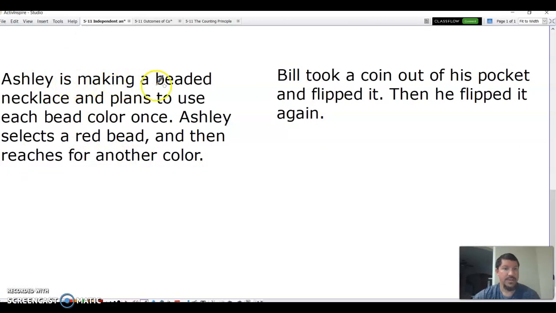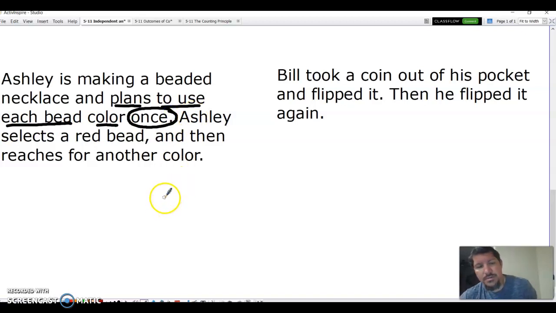Alright, so Ashley is making a beaded necklace and plans to use each bead color once. That's a key. Ashley selects a red bead and then reaches for another bead. So since she plans to use each bead color once, we're changing the probability once we pick a red one, because we don't want a red one anymore.